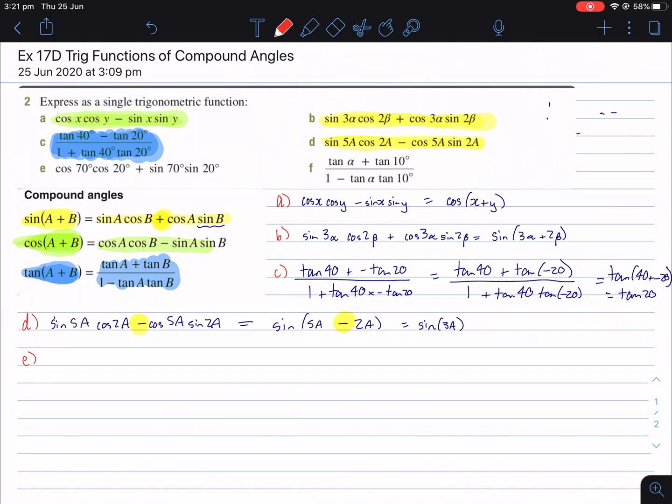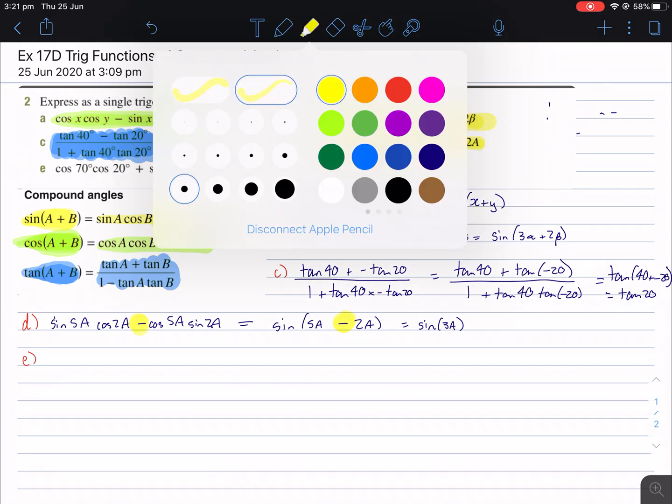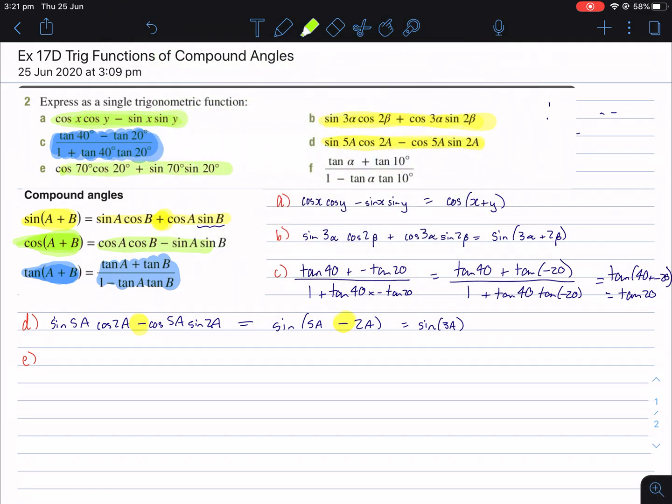E, cos, sine, sine. I'm automatically thinking it's one of these ones. That's a plus in the middle. Now this is a minus in our question. Because this is a plus in the middle, one of the angles must be negative.